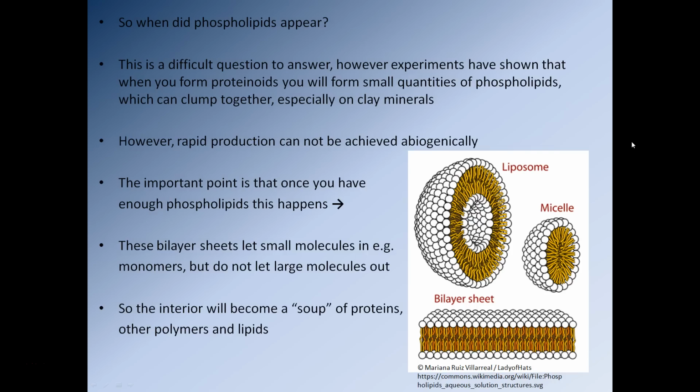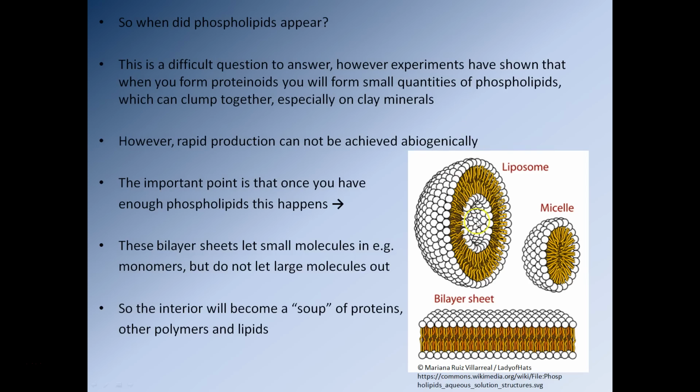Now, as I said, once we have enough phospholipids, and we can start forming enough cells that have these bilayers, we have a nice, safe, protected environment in which chemical reactions can take place. Now, the great thing about a phospholipid bilayer sheet is that it has holes in it. And these holes will let small molecules in, but they are not big enough to let large molecules out.